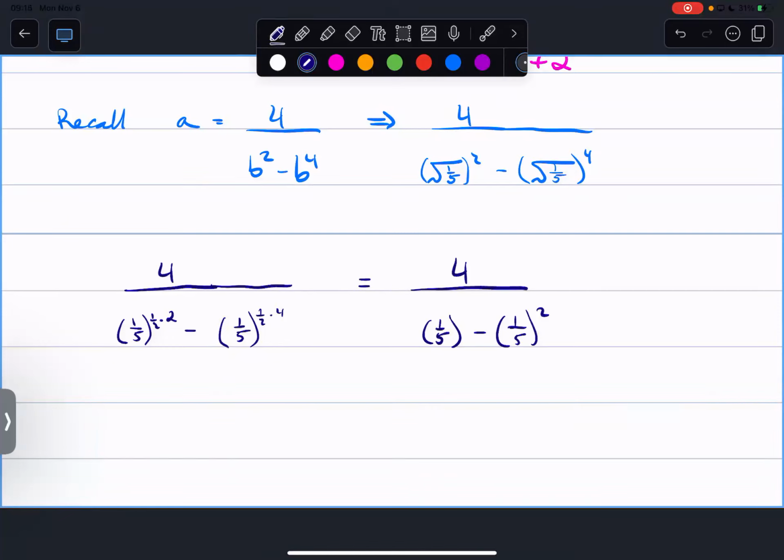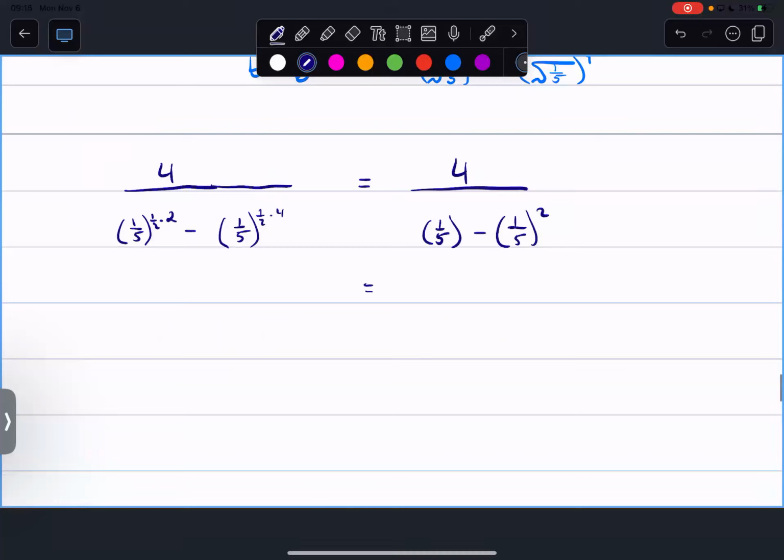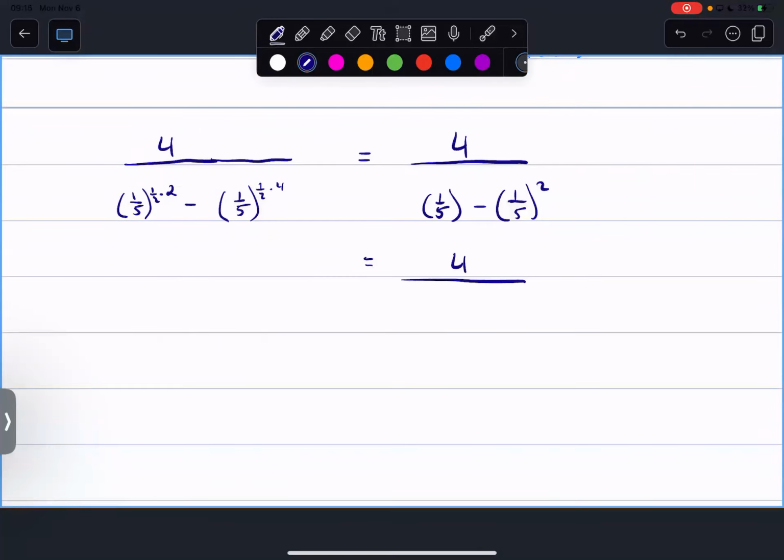Right, 4 divided by 2 is 2. Really making us work for it today. Good thing we introduced those exponent rules, huh?